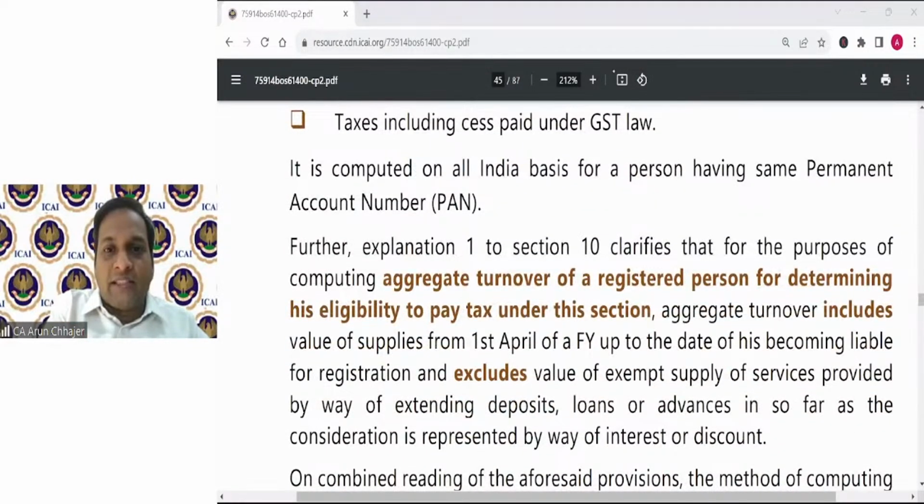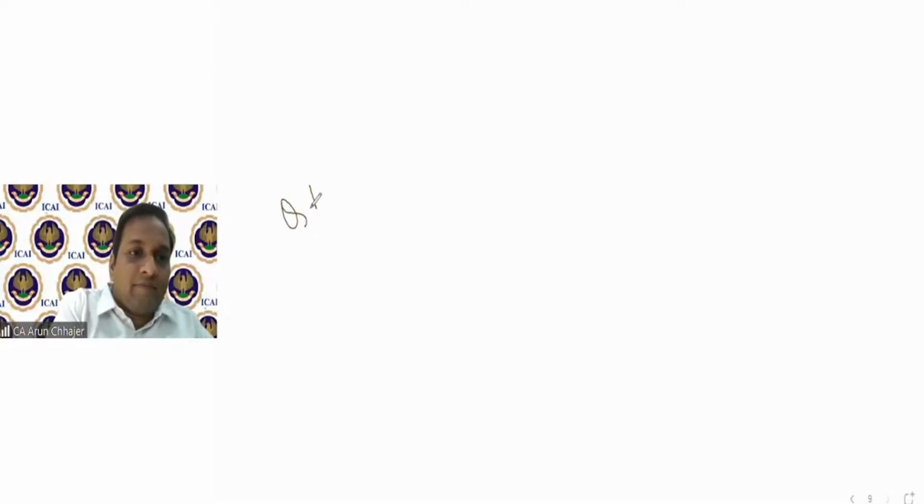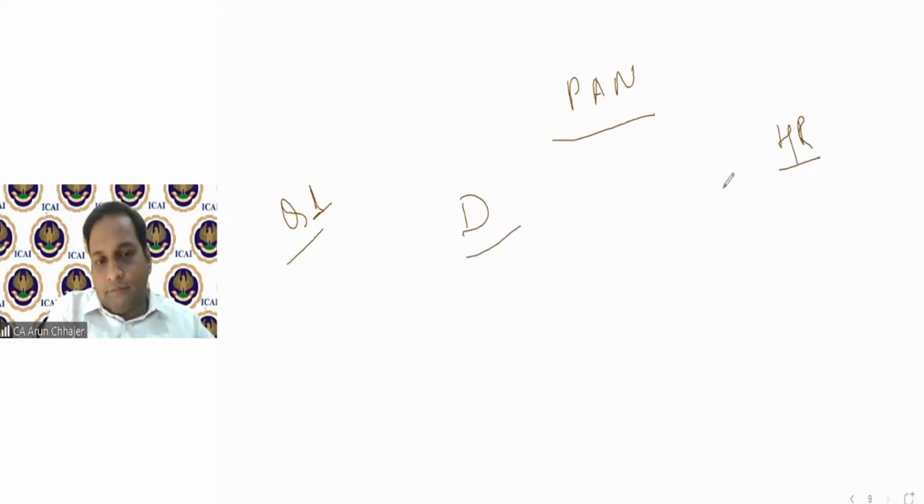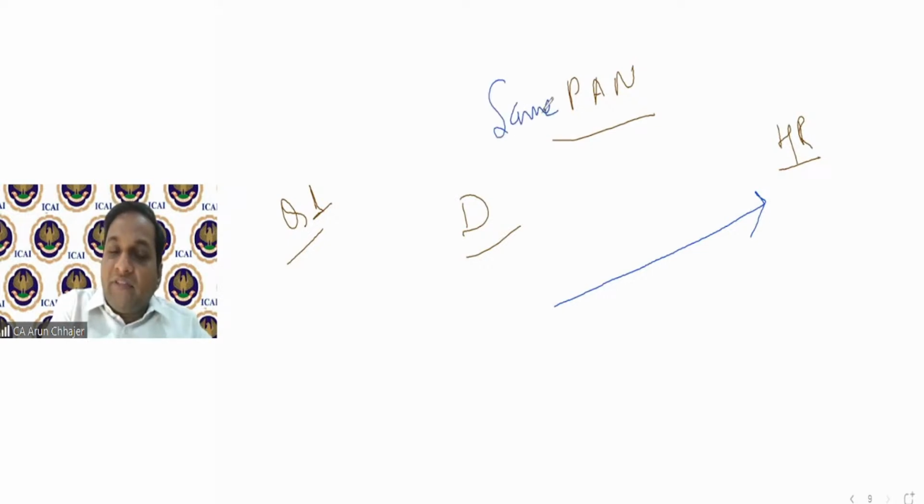Now quickly give me the answer to these two questions. The first question is, there is one pen, and there is one GST number in Delhi and one GST number in Haryana. I'm not talking about only composition, otherwise also. If there is a sale, a supply between Delhi and Haryana, the same pen, but they have different GST numbers, GST number 1 and GST number 2.